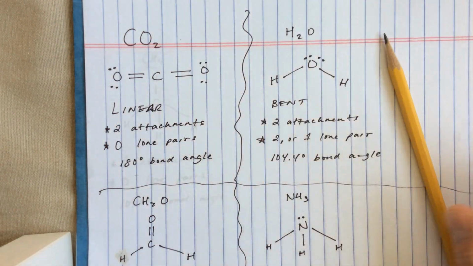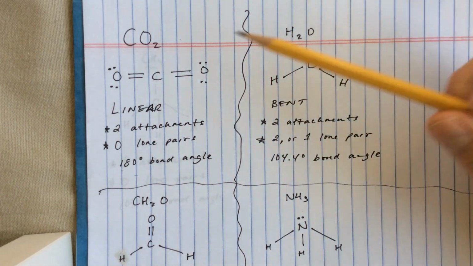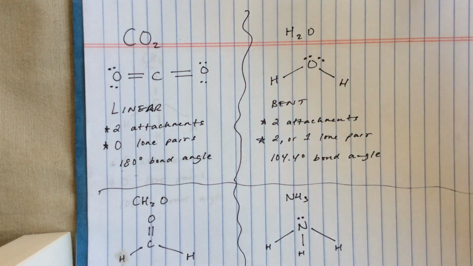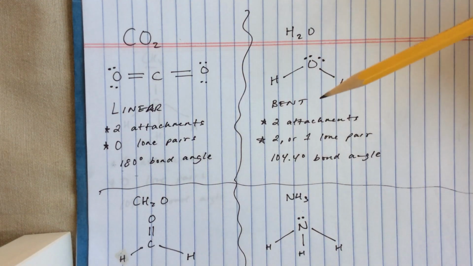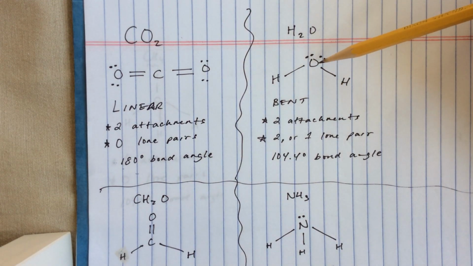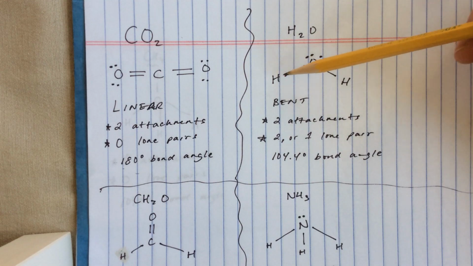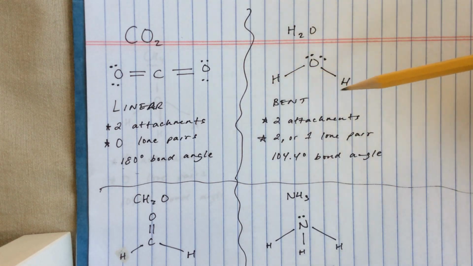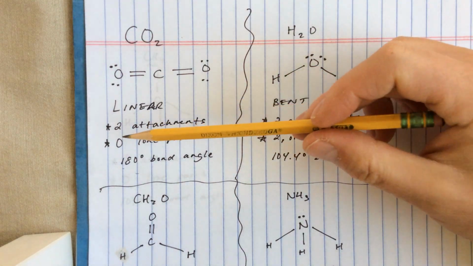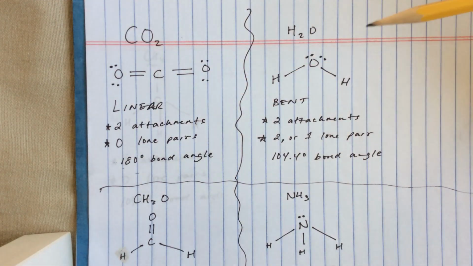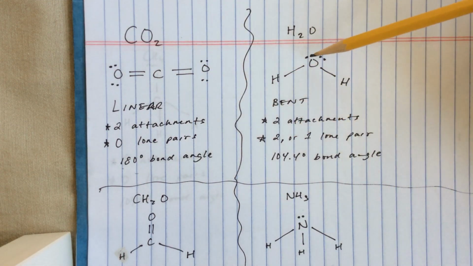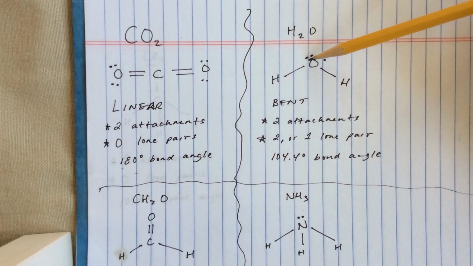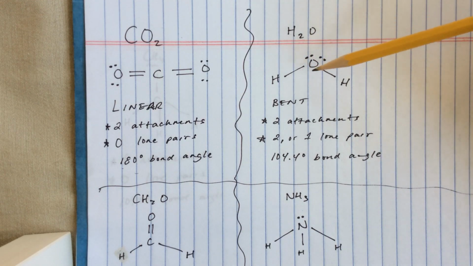So that's linear. If it has two attachments, it could be linear or it could be bent. Water is a bent molecule. Again, you look at the central atom: two things attached to it, which is what it has in common with the last one. What's different is that this one has lone pairs on the central atom.